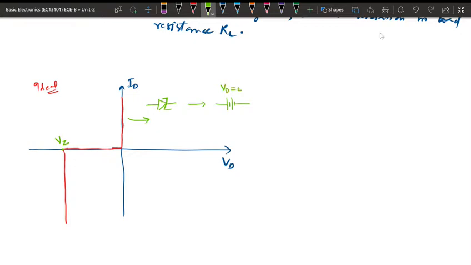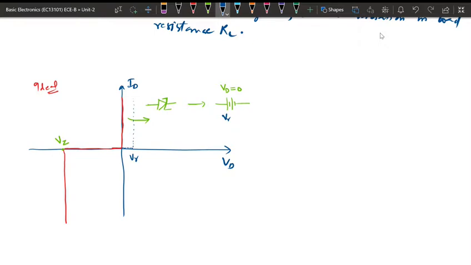So VD will be zero. Or if we consider some threshold voltage, some knee voltage, it will have a constant current at some threshold voltage. So there will be some knee voltage, and it will be replaced by an equivalent voltage source in forward bias. That was the case in the practical diode.